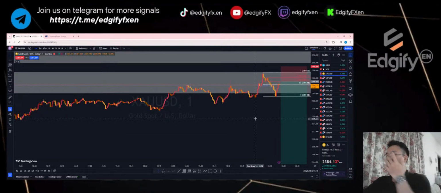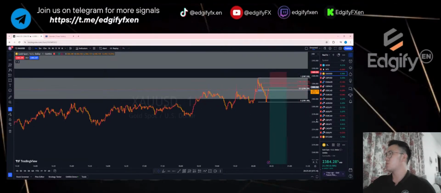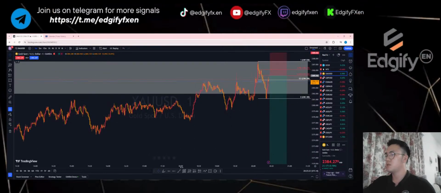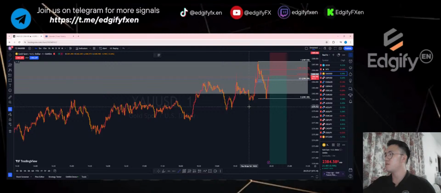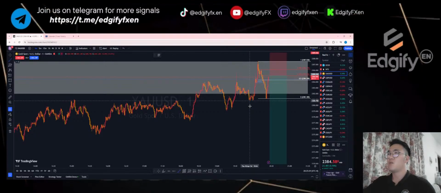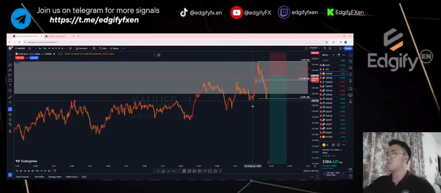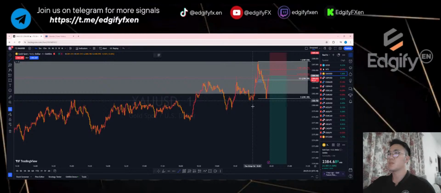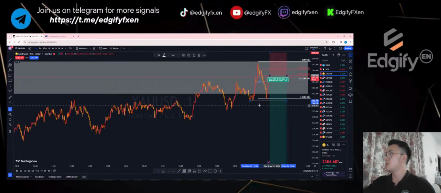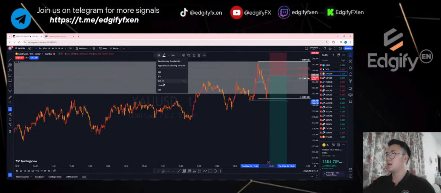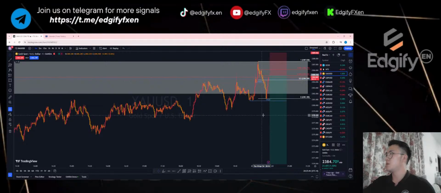Why I am still hesitating is because in order for me to get a proper confirmation, to be much more conservative, I will be looking at this low here to be taken off. Right, I need a break below this price, below here.